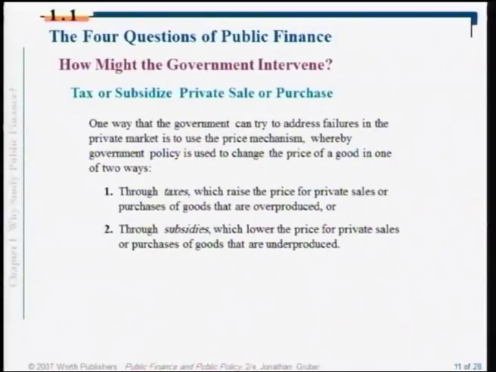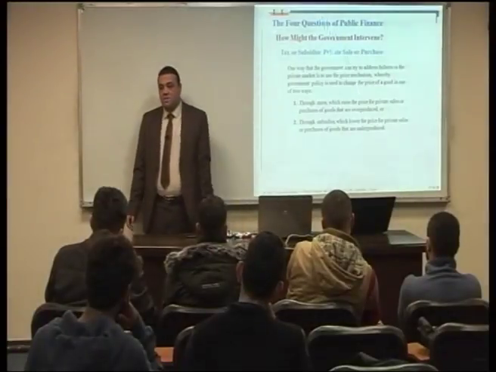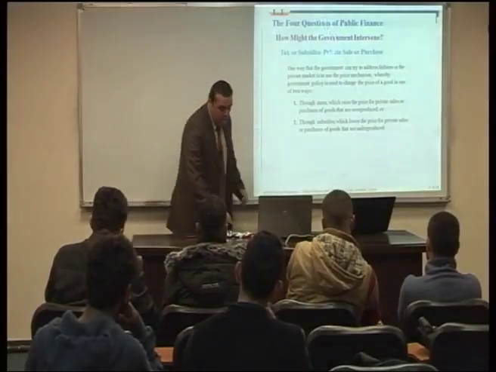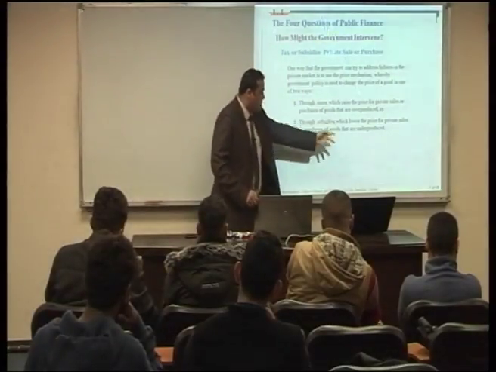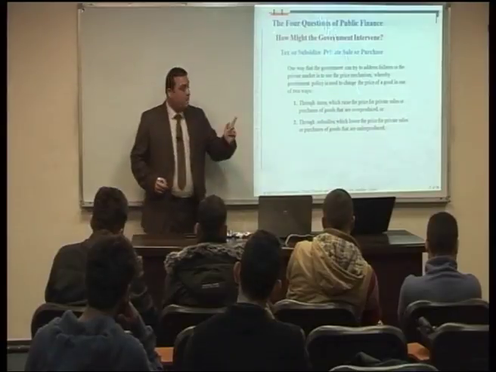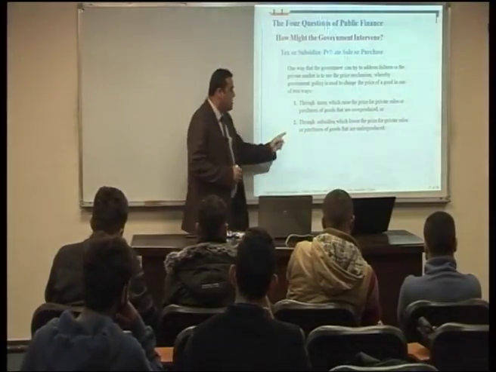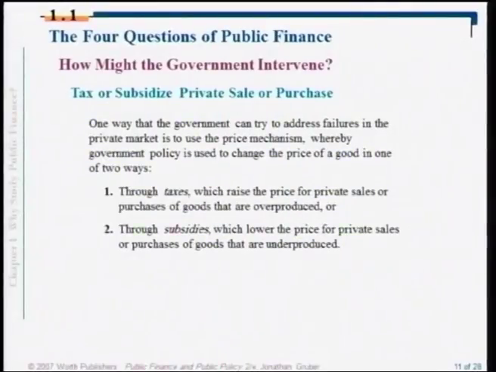How might the government intervene in the economy? The government can intervene by two tools: taxes or subsidies. And here look at the definition, which raises the taxes, raises the prices for private sales or purchases of goods that are overproduced.